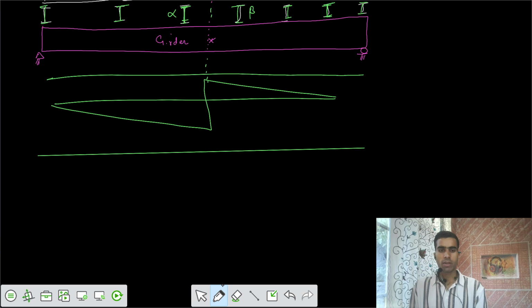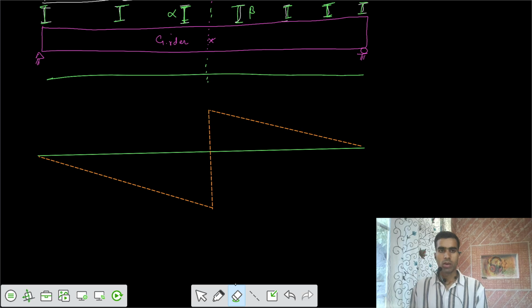And similarly, if I draw that dashed line, the ILD would have been in this fashion. But we are not applying loads on the mid part. We are applying loads at the joints.